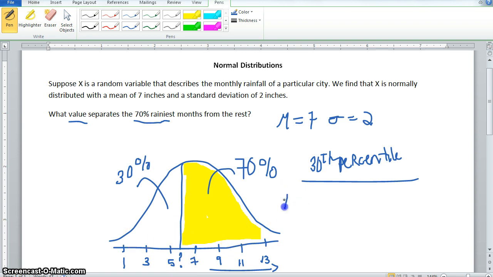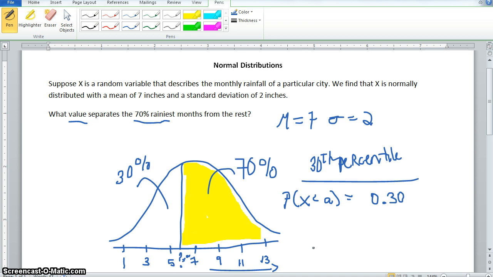Well, we know that the probability of x being less than our mystery value, let's call this A, is equal to 0.30. Okay.